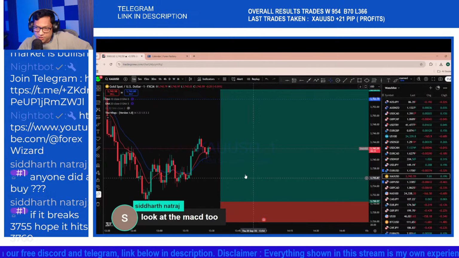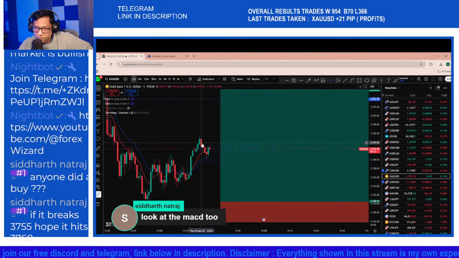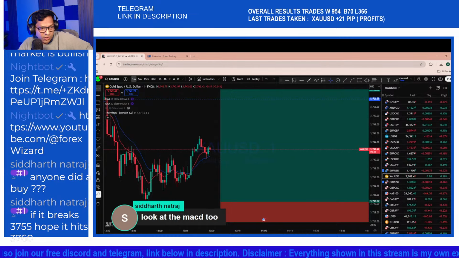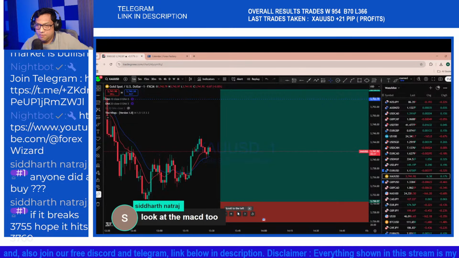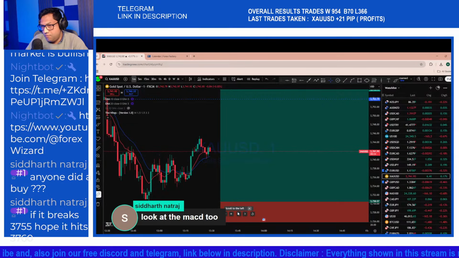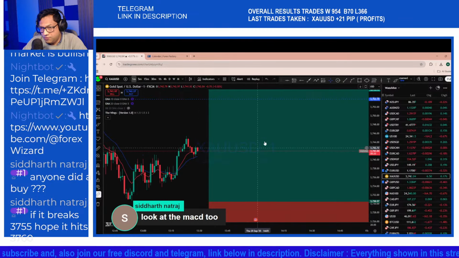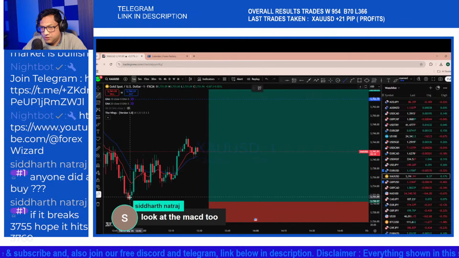The market structure, again, we see that after this move, it has broken from the structure here and maintained an upside bias from this level. This is a significant support level.